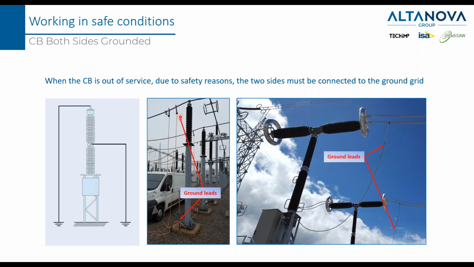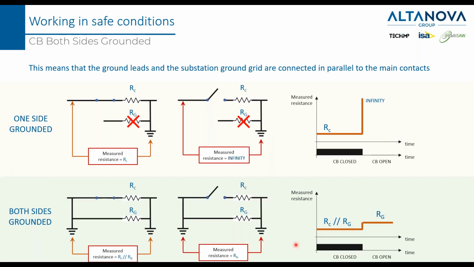These are examples of ground leads. This is one example, and this is a second example. We understood before that the most typical way to understand if a contact is closed or open is to measure resistance. And we said before that typically we go from a very small resistance when the circuit breaker is closed to infinity when it is open.